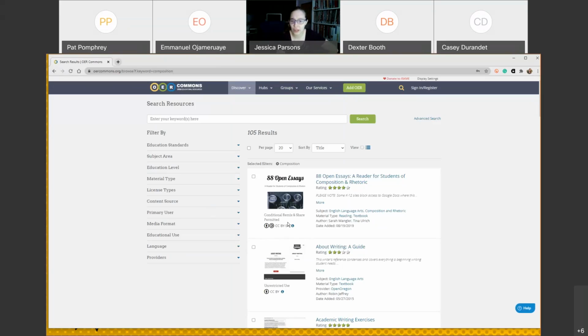And sometimes they won't have it written out as easily as this. Sometimes you got to dig a little bit to look and see what the license is for some of these materials. On OER Commons, because it's meant for OER materials, you're even able to search and filter by the license itself.